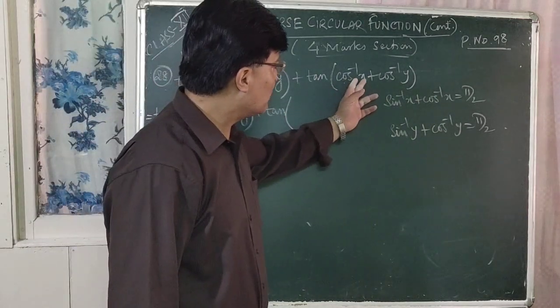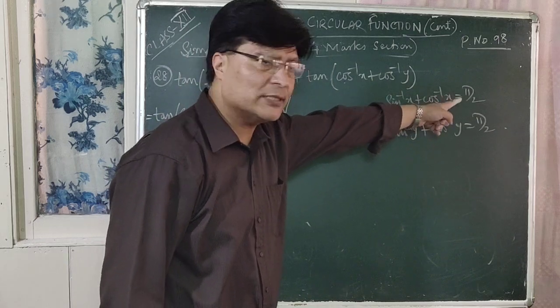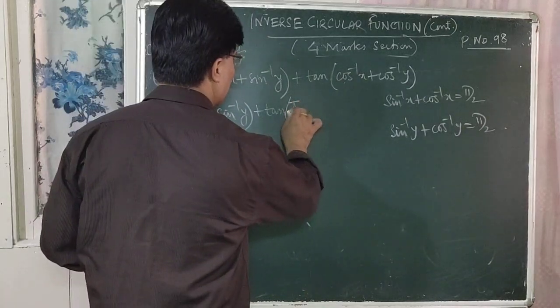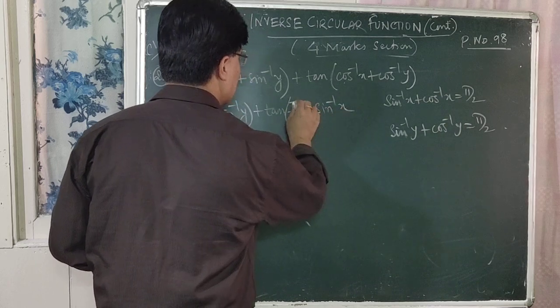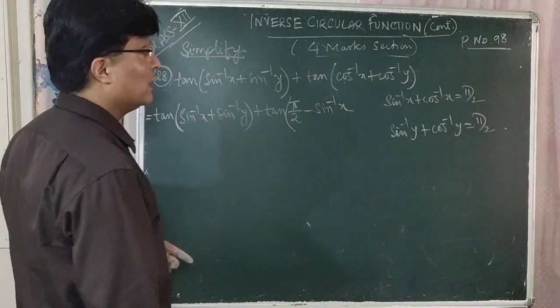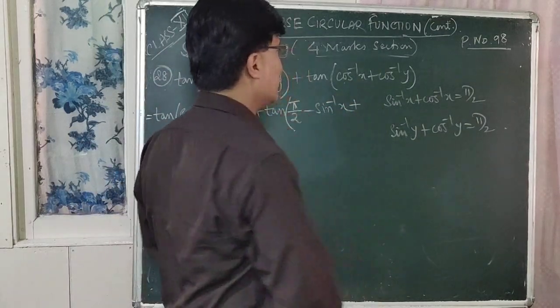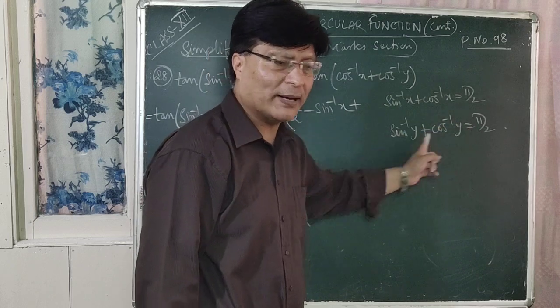What is cos inverse x in terms of sin inverse x? The formula for cos inverse x is pi by 2 minus sin inverse x, isn't it? So here you can write pi by 2 minus sin inverse x. Next plus, what is the formula for cos inverse y? It is pi by 2 minus sin inverse y.